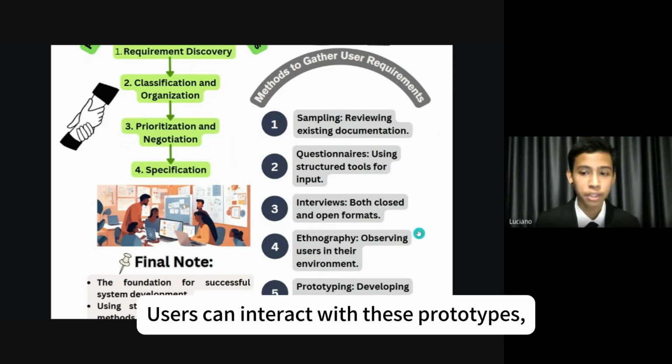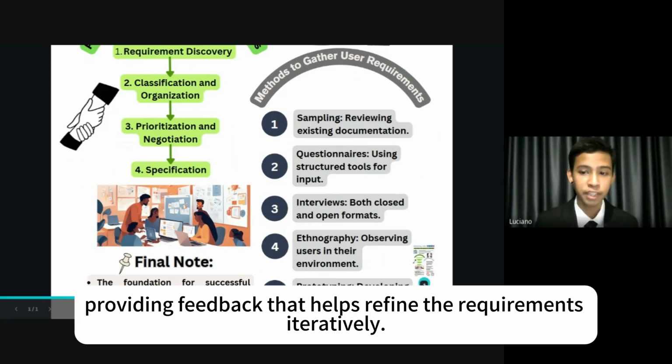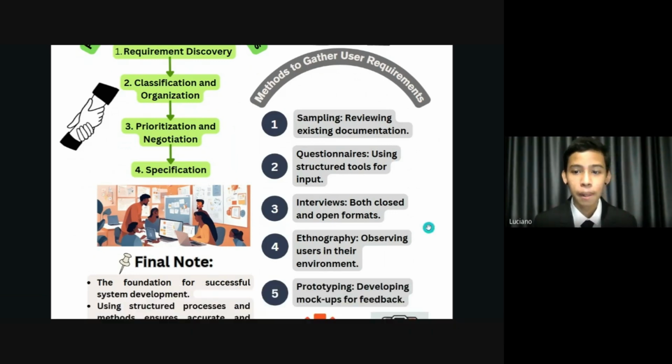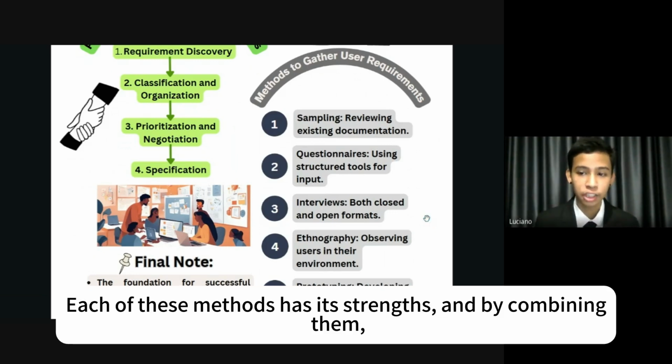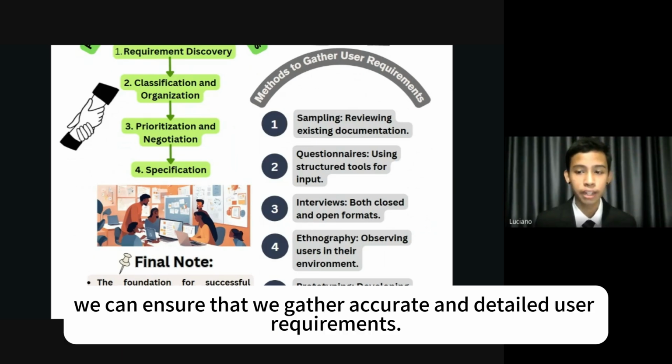Users can interact with these prototypes, providing feedback that helps refine the requirements iteratively. Each of these methods has its strengths, and by combining them, we can ensure that we gather accurate and detailed requirements.